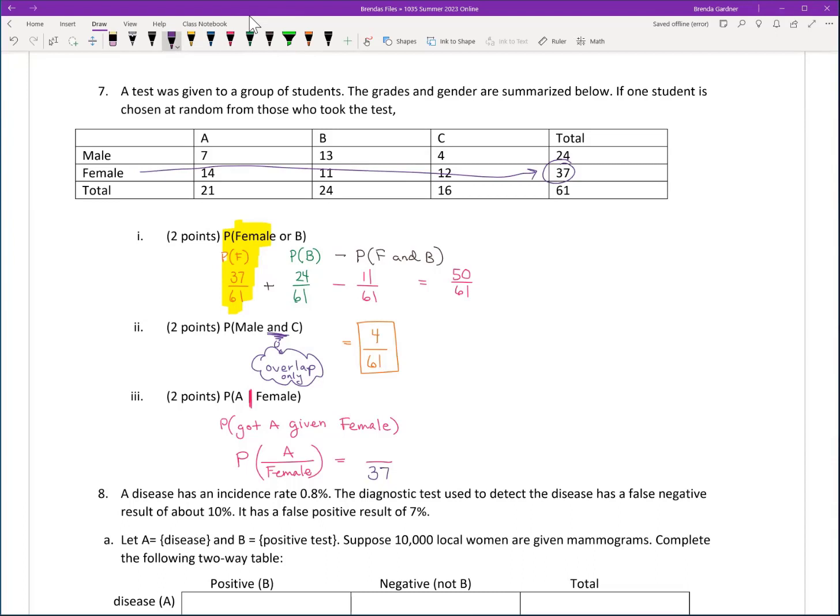Then I'm looking only at that row for the number of A's. On that row, there are 14 students who got an A. So there are 14 out of the 37 female students who got an A. Then reduce, if possible; 37 and 14 don't have a common factor, so we would leave it as that fraction.